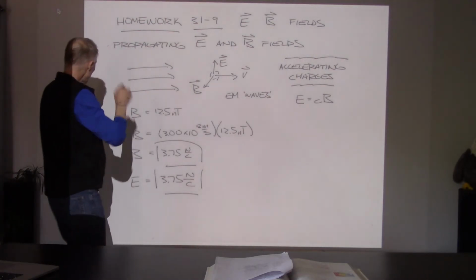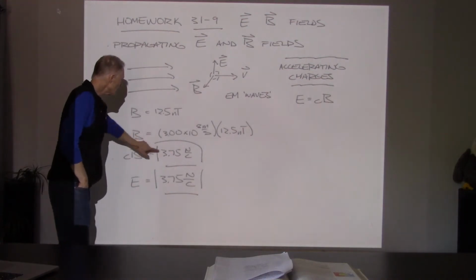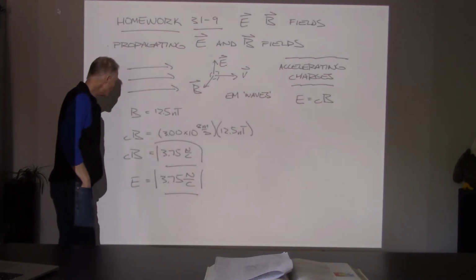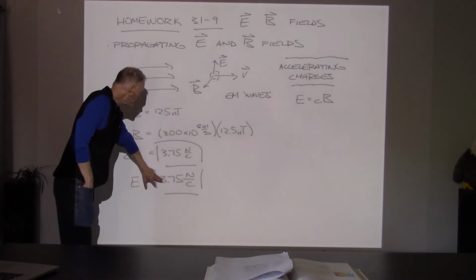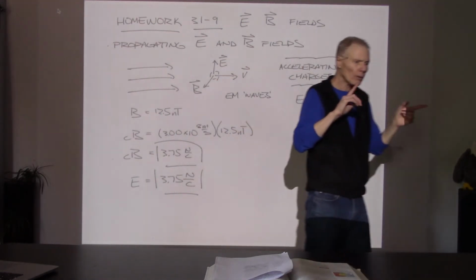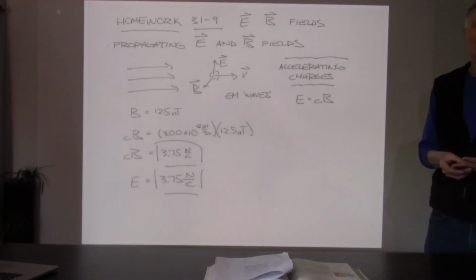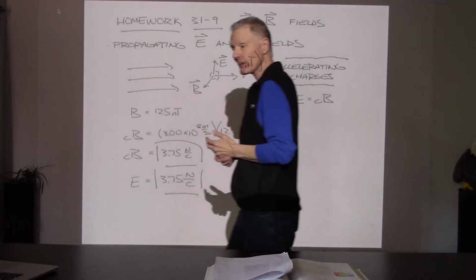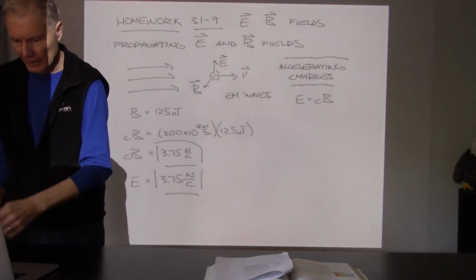If I multiply B times c, I get the magnetic field in terms of newtons per coulomb, and it turns out to be 3.75. The electric field then will have the same value, 3.75 newtons per coulomb. So the electric portion and the magnetic portion have the same magnitude in these acceleration fields.